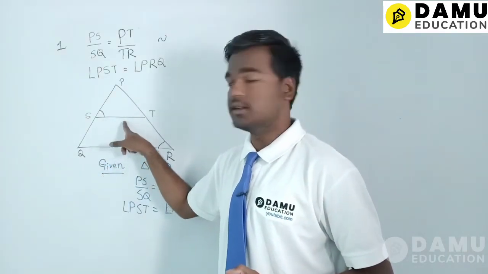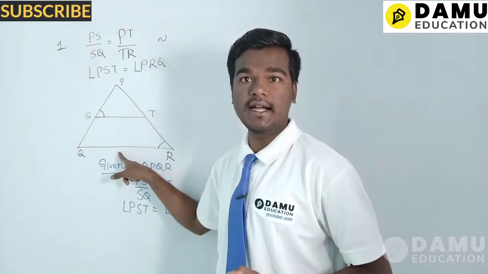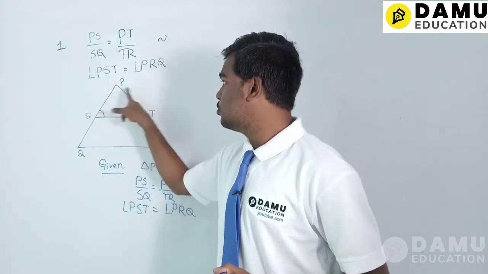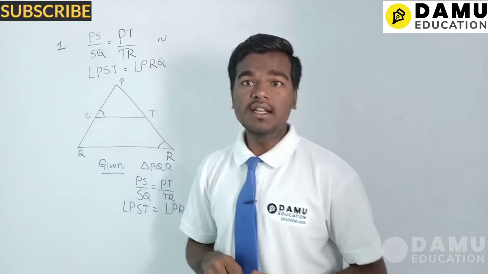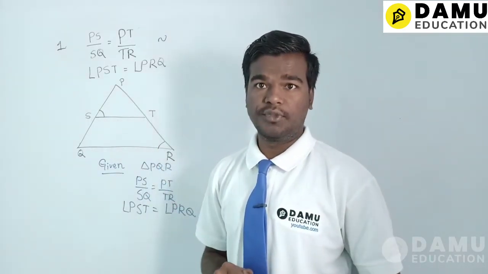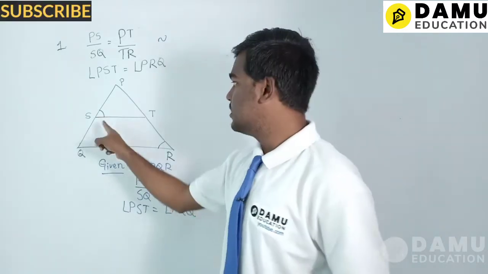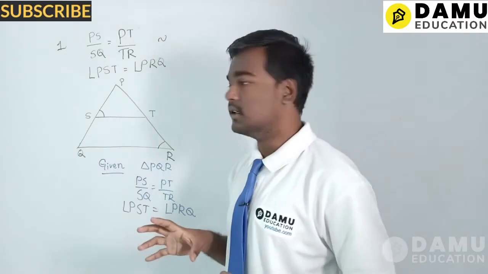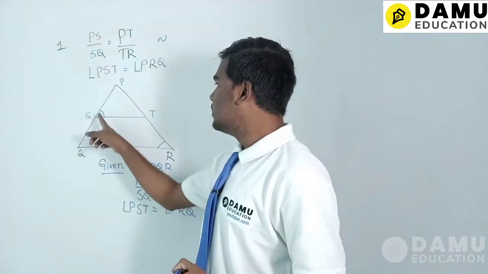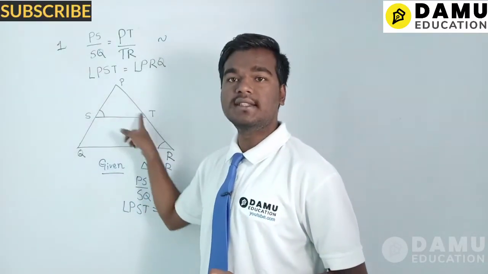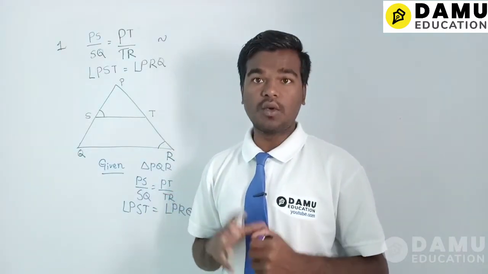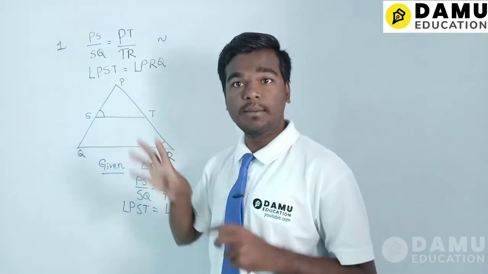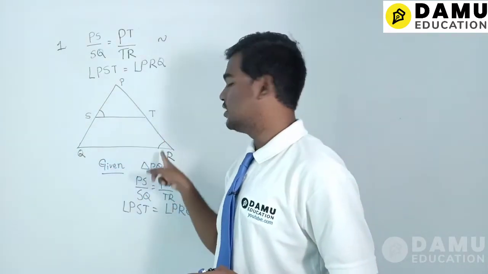If you draw one line parallel to the third side, then this line divides the two sides in equal ratios. That is Thales theorem. Equal ratios means PS by SQ is equal to PT by TR.